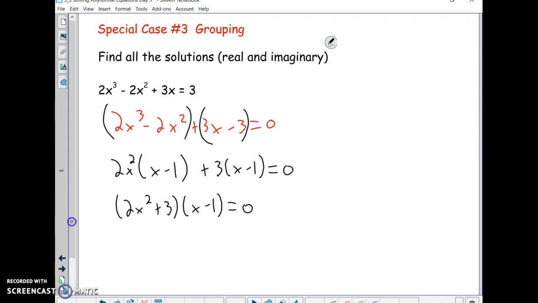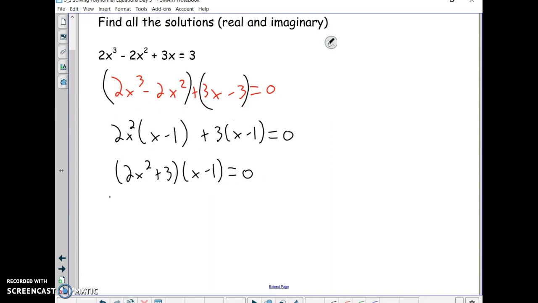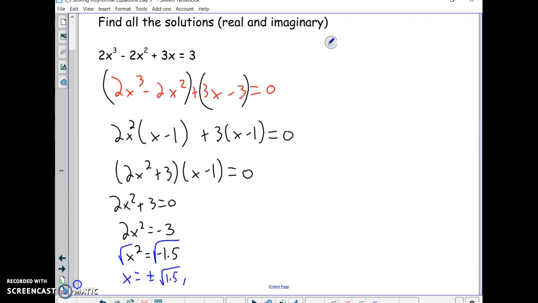And 2x squared plus 3 is 0. Again, we can use algebra steps here. So we can subtract 3 and then divide by 2. Right, so this is going to have imaginary answers, and they're going to look a little weird, but I would just leave it as plus or minus the square root of 1.5 and i. All right, and x minus 1 equals 0 case, so we get an answer of 1.